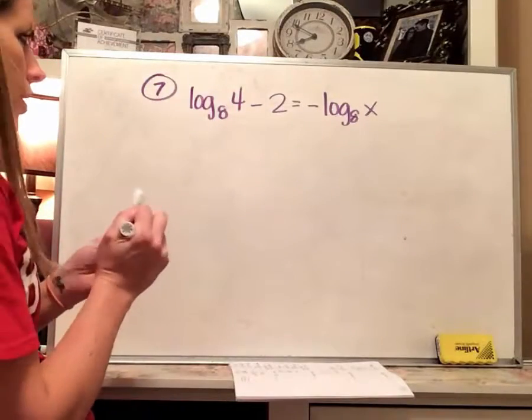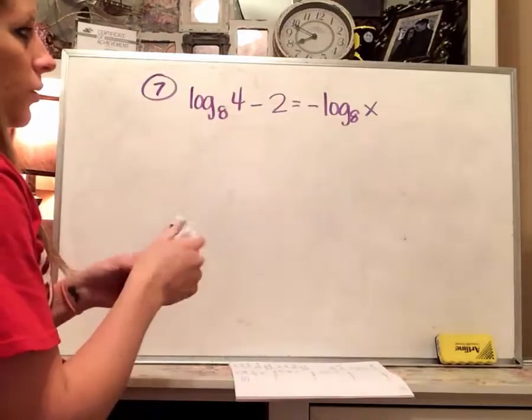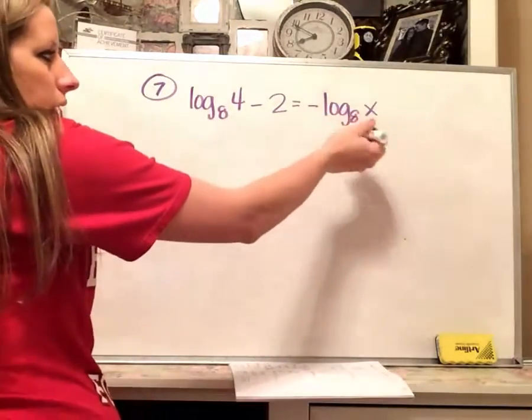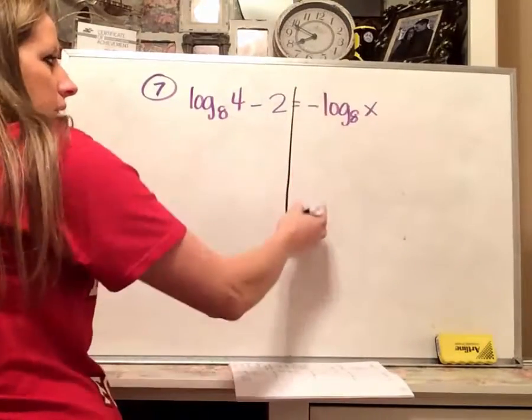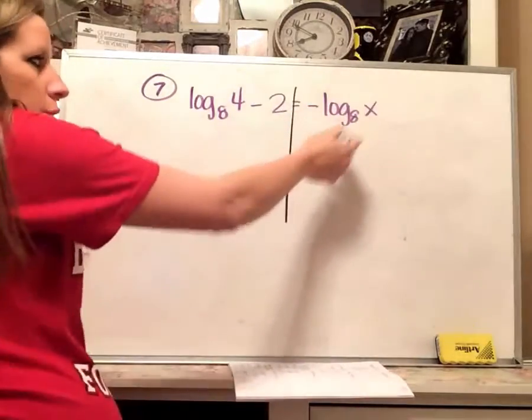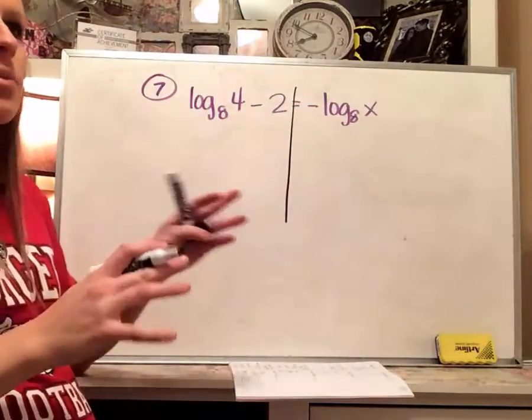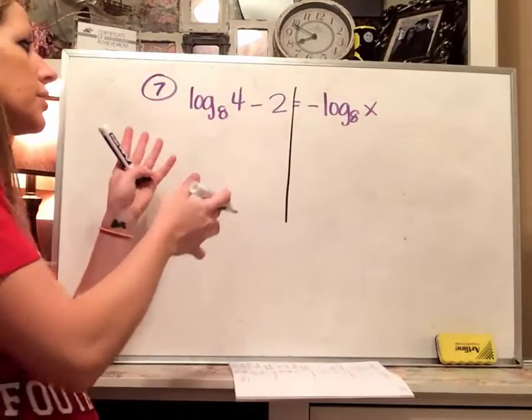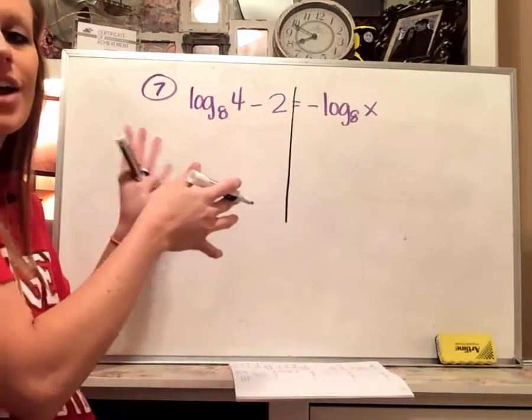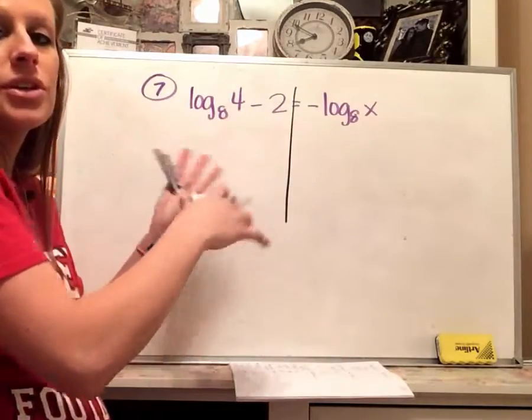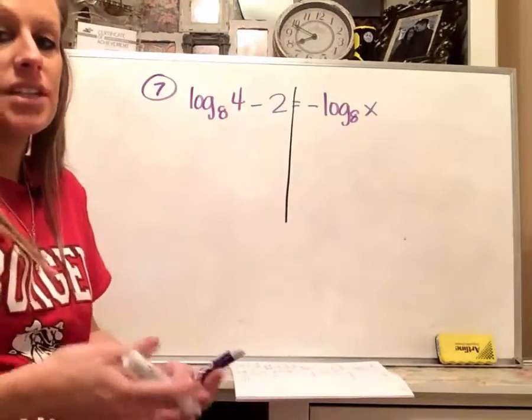On the right side, we have negative log base 8 of x. It doesn't matter if you move it to the left or to the right, as long as they're together.